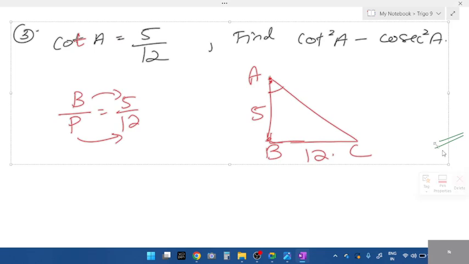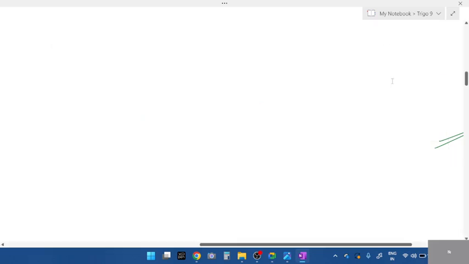Did you all copy? Cot A. Copy properly, students. Cot A is equal to 5 by 12. Find cot square A minus cosec square A. Next question.